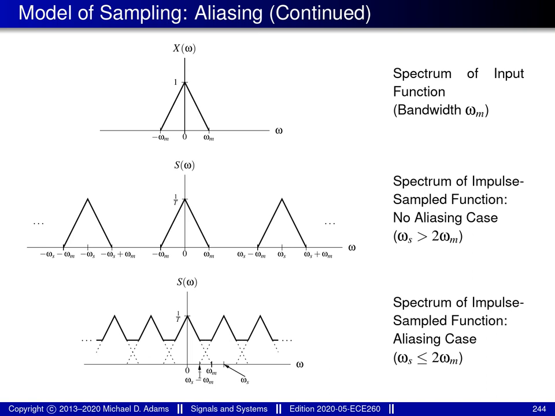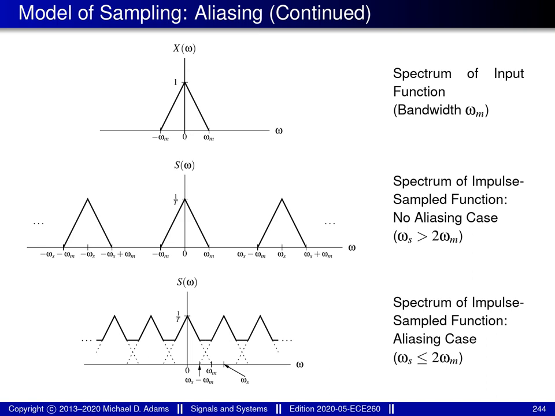Now between omega s minus omega m, this point here, and omega m, both of these copies of the spectrum are non-zero. So both of them contribute to the sum, and you can see that they sum together to distort the overall shape of the spectrum. You get this horizontal component to the spectrum here in the graph. And this doesn't resemble what we have in the original spectrum. Since it's not possible to determine big X from big S, impulse sampling loses information in this case.